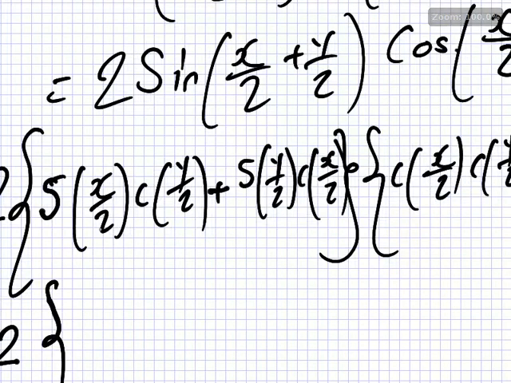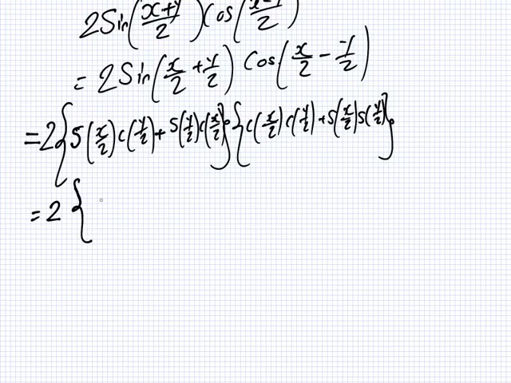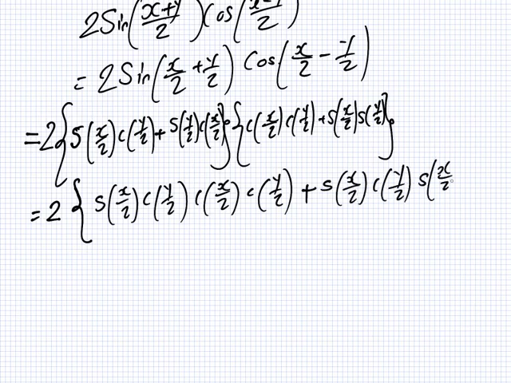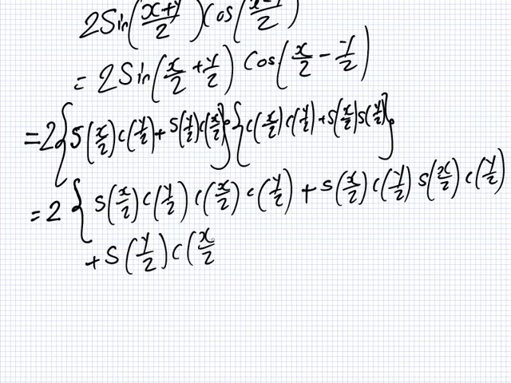So it's going to get quite large, so let me make some space. Sine x over 2 cos y over 2 times cos x over 2 cos y over 2. What's next? Plus sine x over 2 cos y over 2 times sine x over 2 plus cos y over 2. Oh, this is looking terrible. Plus sine y over 2 cos x over 2 cos x over 2 cos y over 2.